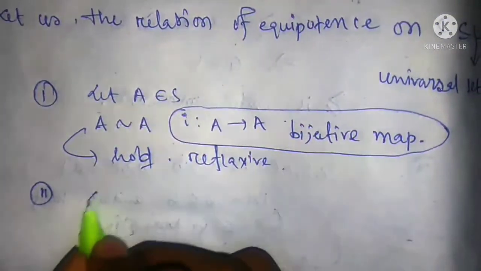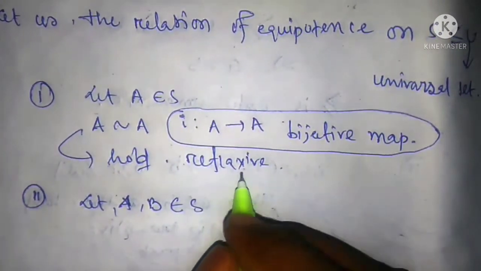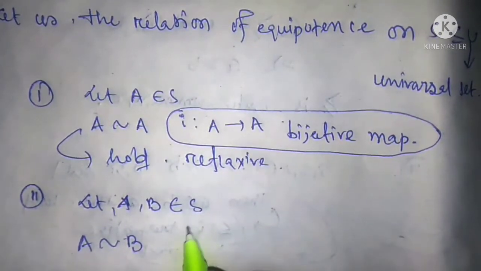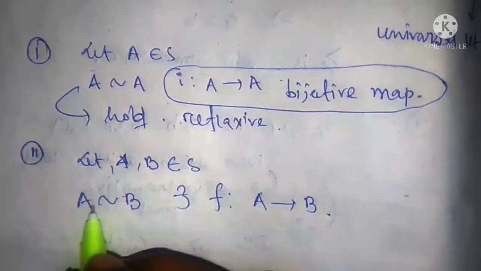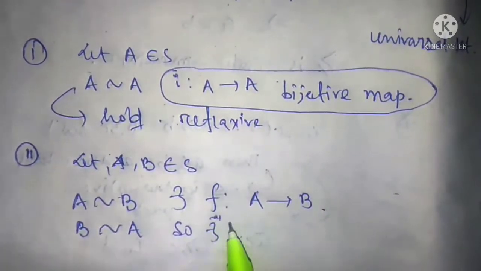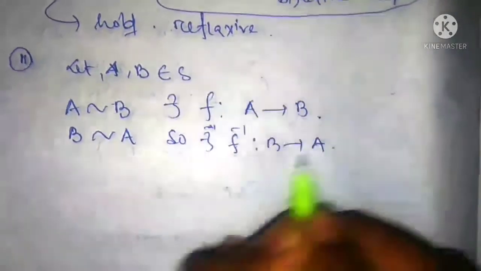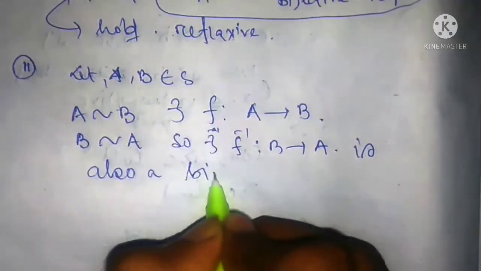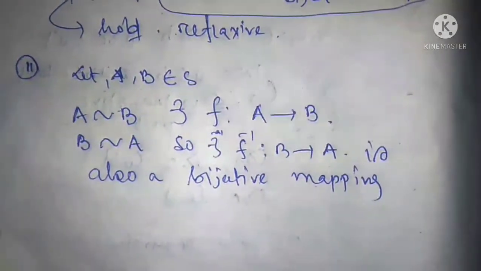Now we have to select two non-empty sets A, B belonging to S and A is equipotent with B. Then there exists a bijective mapping F from A to B. Then B is equipotent with A, so there exists F inverse from B to A, which is also a bijective mapping, as we have seen before.